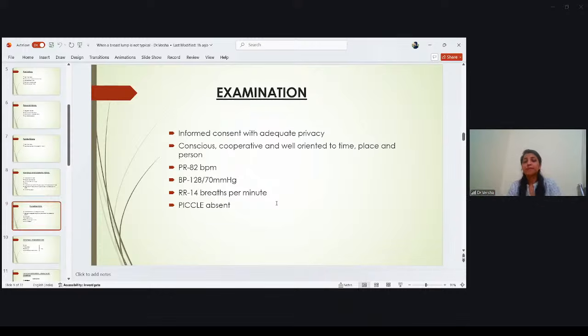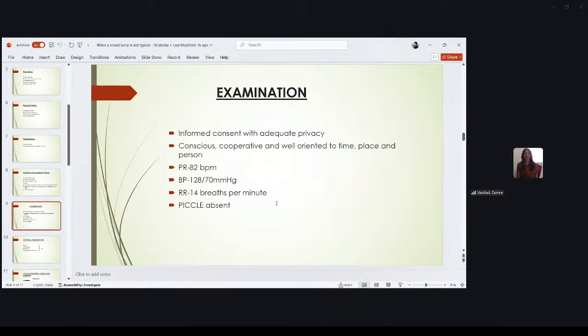Although I must say that you have done a great job of taking a very exhaustive history, when you look at each individual symptom and the progression of the symptoms, at the end of your clinical history taking, before you examine, what Dr. Neeta rightly mentioned was, since it has been there for the last 3 years and suddenly it has grown in size, there is no history of trauma, and there is no history of any fever or anything suggesting infection that could be responsible for the sudden increase in size, then it has to be thoroughly examined and investigated.